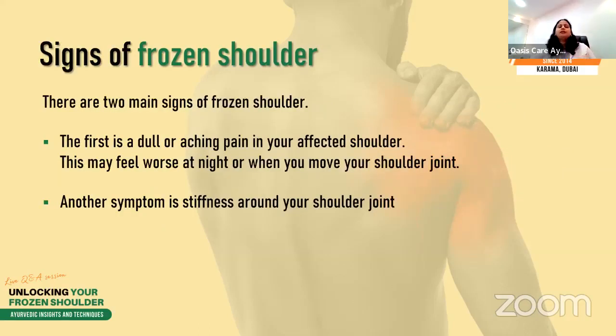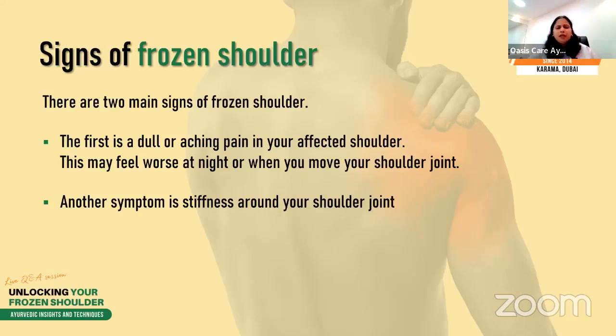Now, what are the signs and symptoms of frozen shoulder? When a patient comes to us at Oasis Care Ayurveda, normally we examine them thoroughly as per our Ayurvedic terminology and as per the clinical diagnosis as well. The signs and symptoms of a frozen shoulder will mainly be in two stages.